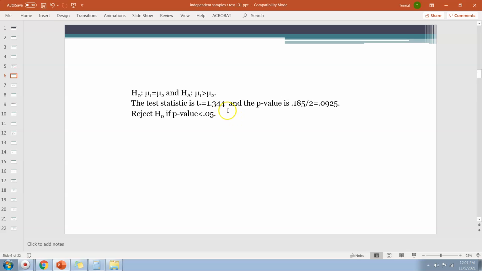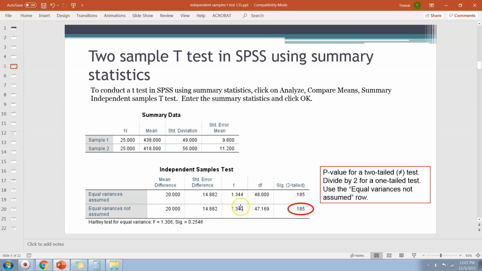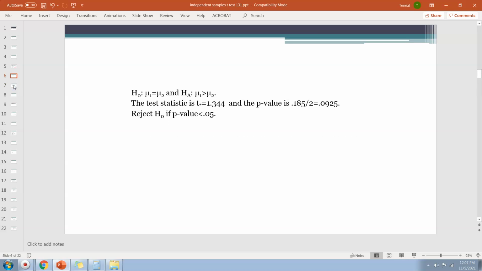So from that output, we see that our test statistic is 1.344. Our p-value is 0.185 divided by 2, so 0.0925. And we said we were using 0.05 for our alpha.